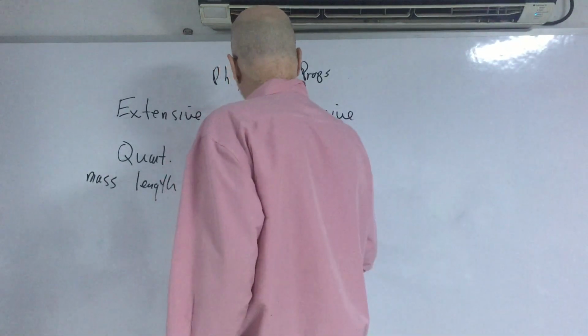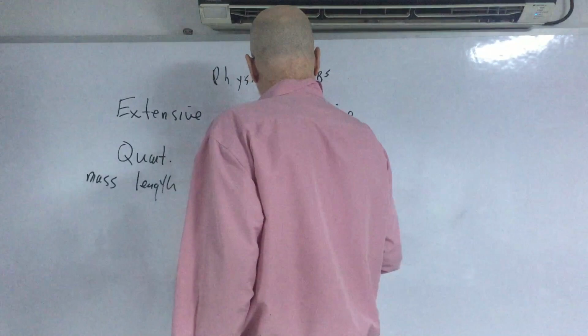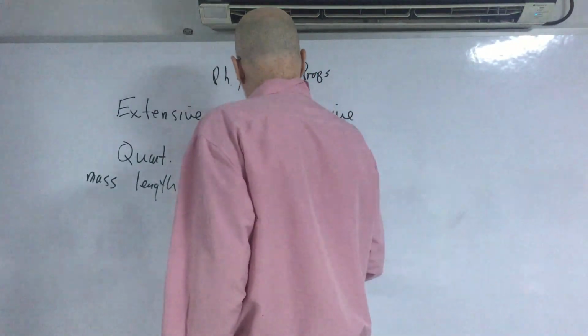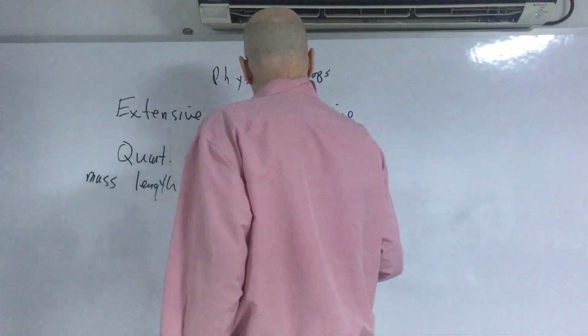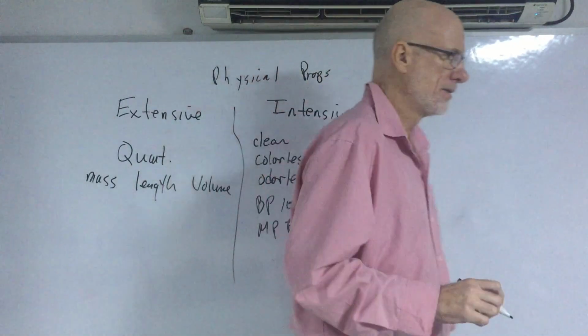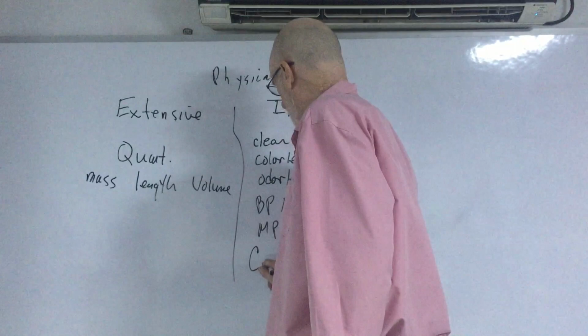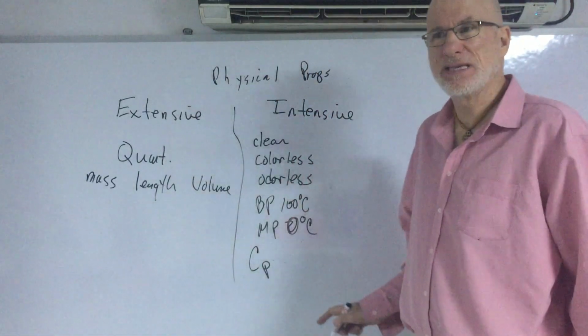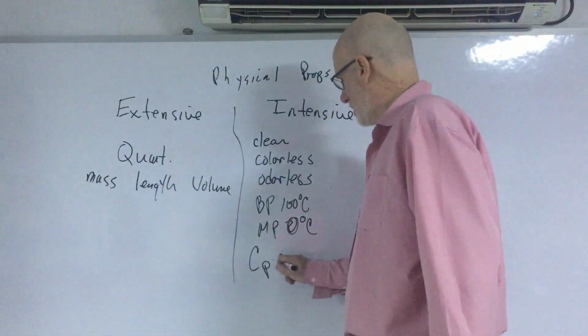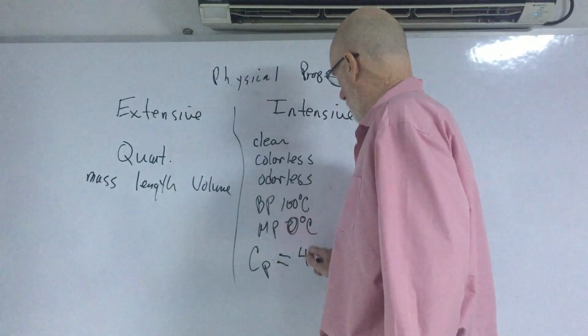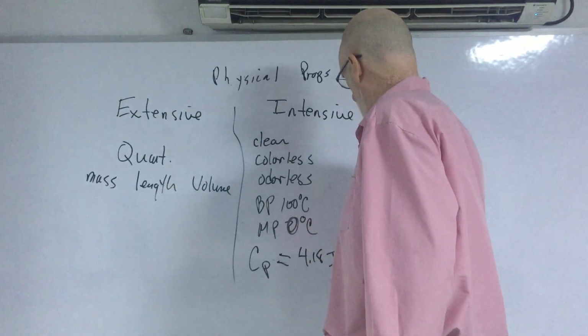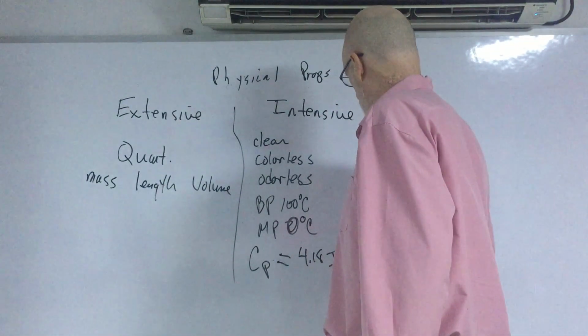It has a boiling point of 100 degrees Celsius, a melting point of 0 degrees Celsius, and a specific heat capacity, we'll explain what that means, of 4.18 joules per gram degrees Celsius.